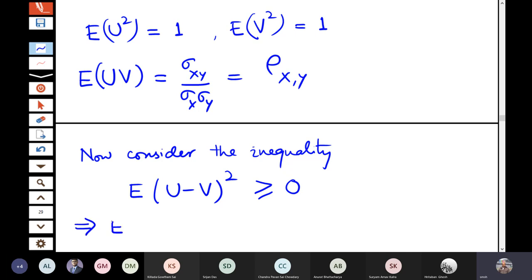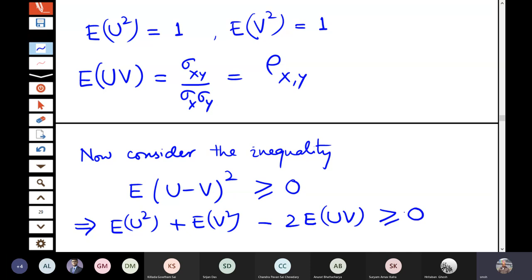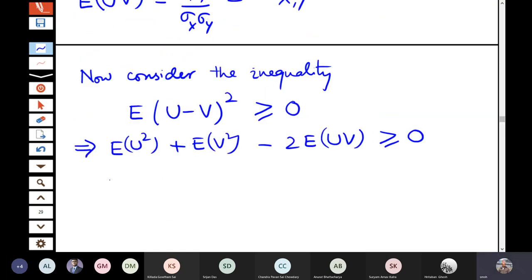So this means expectation of u square plus expectation of v square minus twice expectation of uv is greater than or equal to 0. I have expanded u minus v whole square as u square plus v square minus twice uv, and expectation of u square and expectation of v square is 1. So this will become 2 minus 2 expectation uv is greater than or equal to 0. It means expectation of uv is less than or equal to 1.